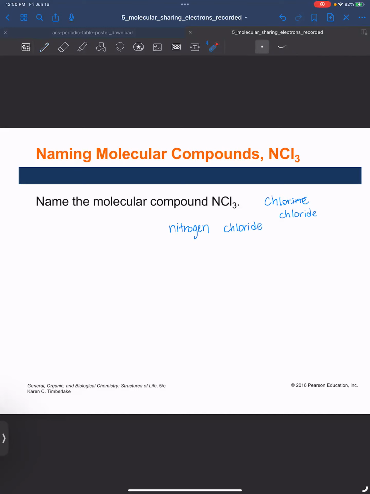I have one nitrogen, which would be mono, but we don't need to include mono for the first element in a molecular compound's name. This one here, I have 3, and so what's the prefix for 3? Tri, good. So then if I write the name again, this would be nitrogen trichloride.